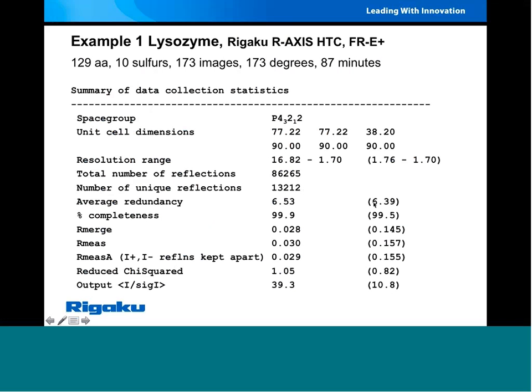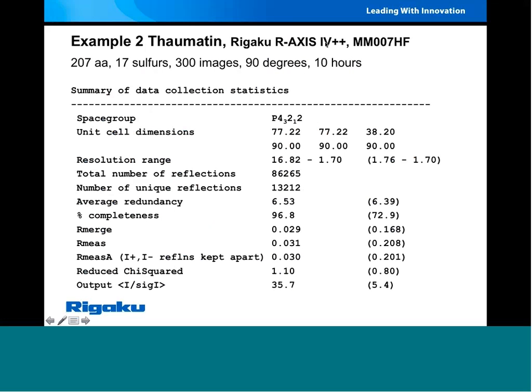And the thing here is that average redundancy was about 6.5. We've done it with less than this and with shorter data collection times, but this is a data set I just collected in November, so I have it lying around. It was 87 minutes exposure time on an imaging plate system, collected at 1 degree per image.